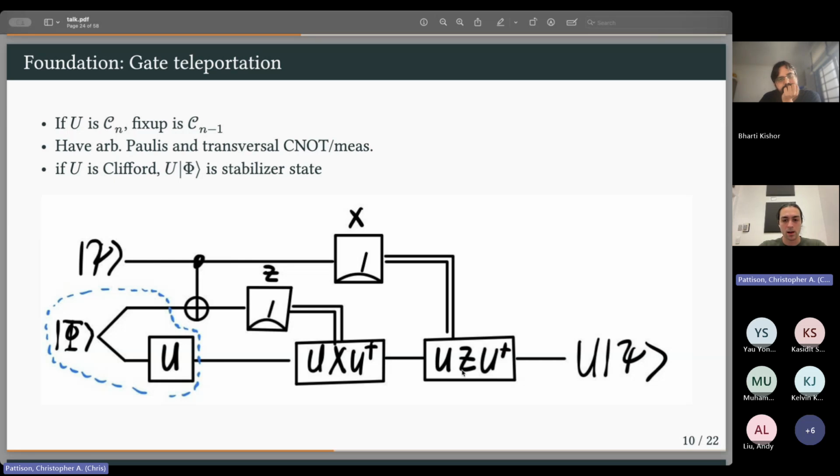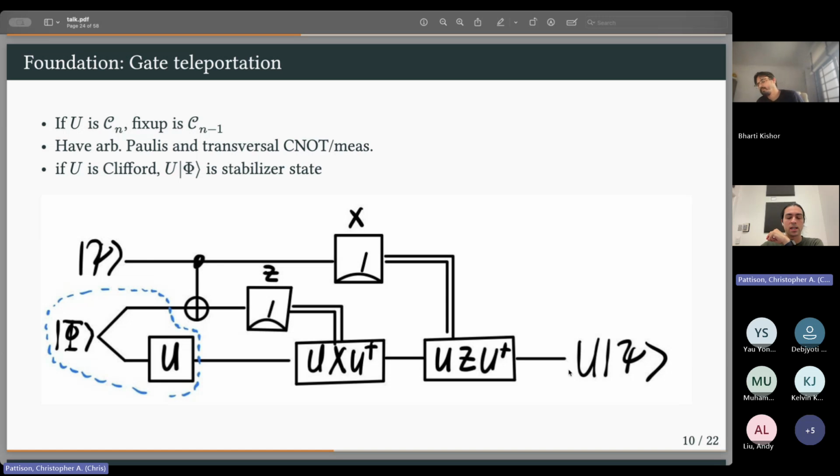If U is in some level of the Clifford hierarchy, then the fix-up is in the next lower level down. In particular, if U is a Clifford gate, then the fix-up is a Pauli fix-up.